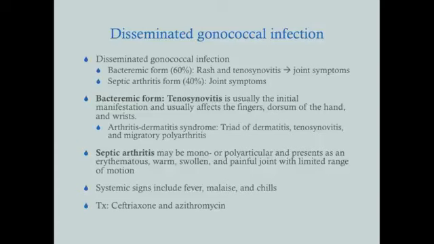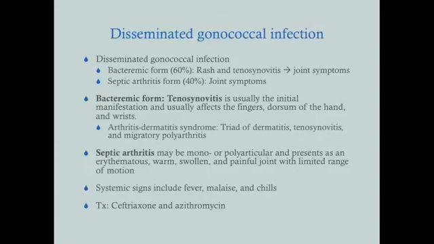We call this the arthritis dermatitis syndrome, where you have a triad of a rash, tenosynovitis, and polyarthralgia. The rash in this patient was a combination of papular lesions. They can also have some blisters and pustules as well.